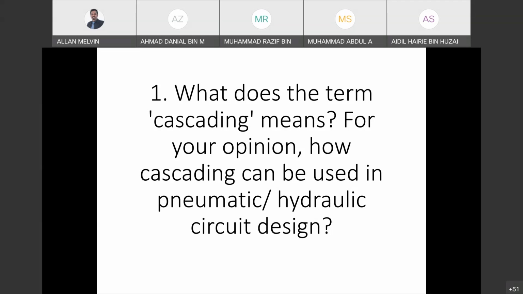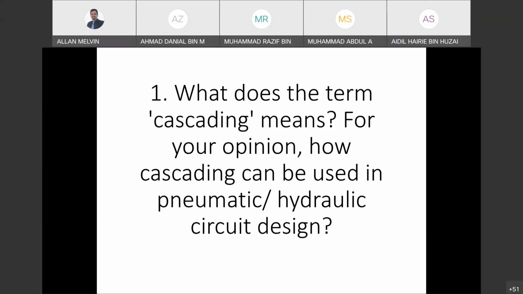Cascading method and step counter method are very important, especially in the design of your circuit. Cascading has its own way of doing it. If you already watched the YouTube video and Edpuzzle, I think you already know the steps and how to do it.